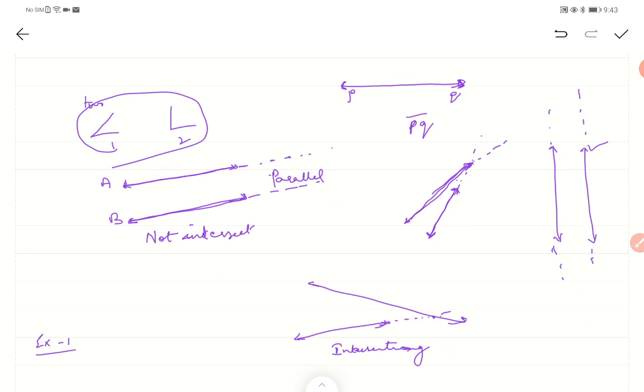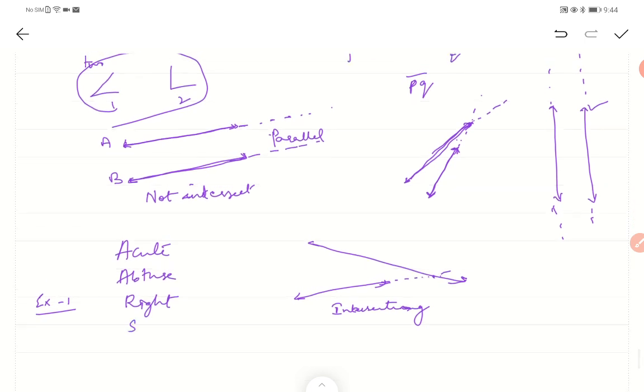So you have different names of angles other than acute, obtuse and right angle, and you have the straight angle and the reflex angle. These were easy, like only two lines intersecting give you some angles, and you already know those angle names.